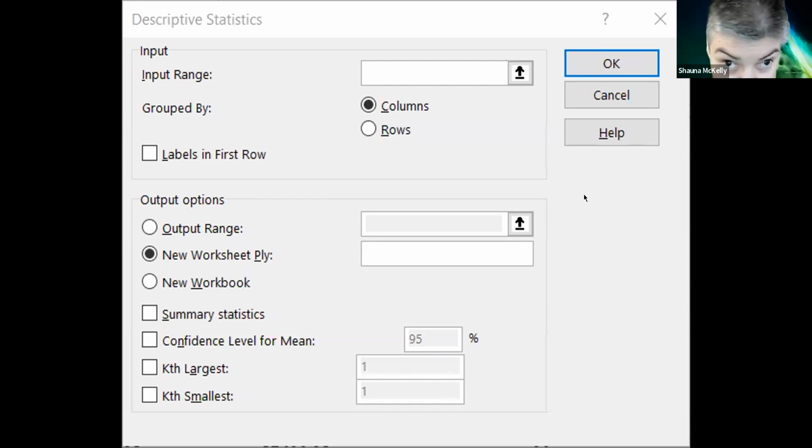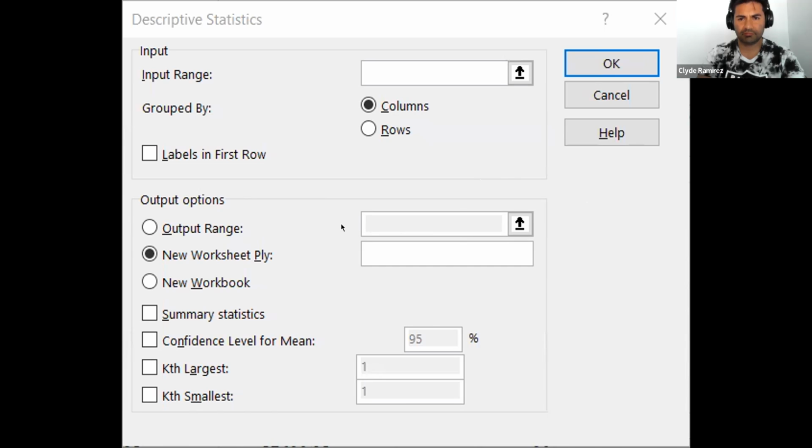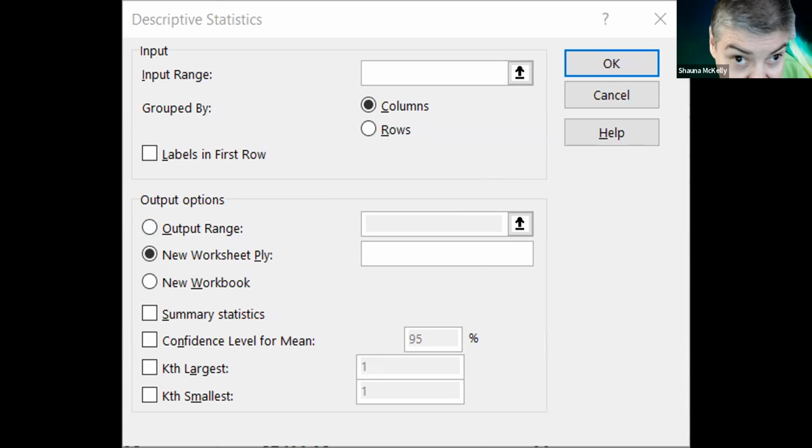Share screen here. And it's gonna tell me what this is now. The input is grouped by columns. And I want to tell it the range. So labels in first row, yes.